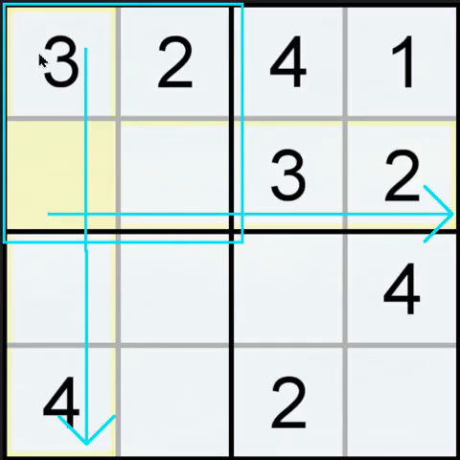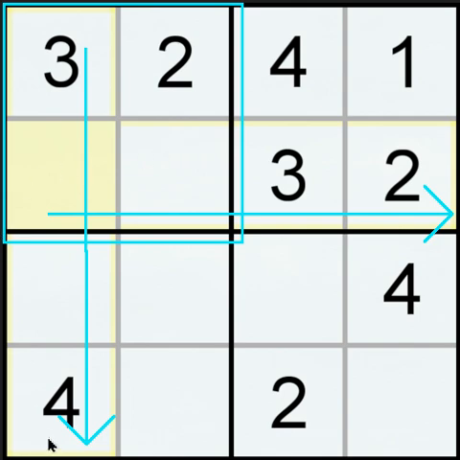If we look at the first column, we ask, does it have a 1 or a 4? Count with me. 1. Missing. 2. Missing. 3. Seen. 4. Seen. What numbers were missing? Yes, we're missing a 1 and a 4 in the small black box, but we see a 4 in the column.